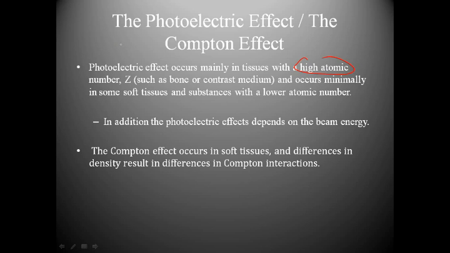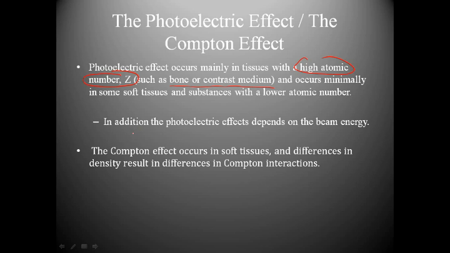So keep that in mind. Your Z number is going to basically affect what occurs in the photoelectric effect. And it occurs mostly in bone or contrasted mediums, and occurs minimally in soft tissues and substances with a lower atomic number. So keep that in mind.